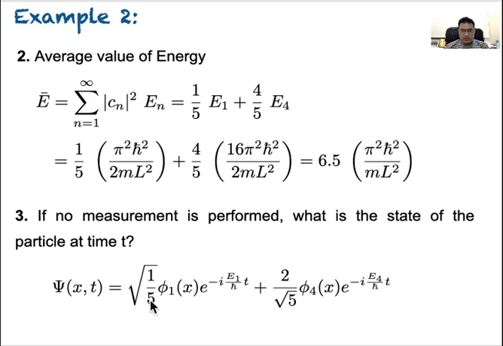So square root of 1 over 5 phi 1 of x e to the power minus i E1 over h bar times t, plus 2 over square root of 5 phi 4 of x times e to the power minus i E4 over h bar times t. So this is the state of the particle at time t.